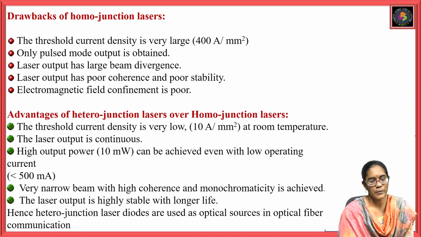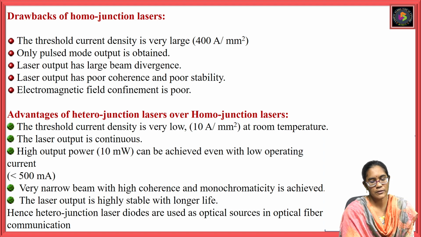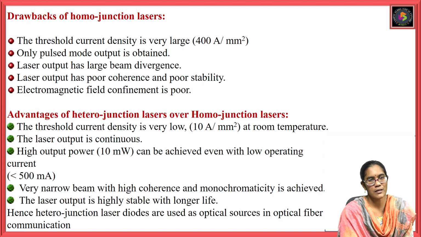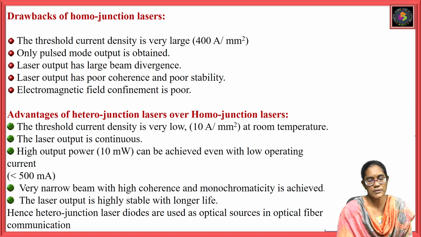A very narrow beam with high coherence and monochromaticity is achieved, and the laser output is highly stable with longer life. With all these advantages, heterojunction laser diodes are mostly used as optical sources in optical fiber communication systems. So these are the advantages of using heterojunction lasers instead of homojunction lasers.